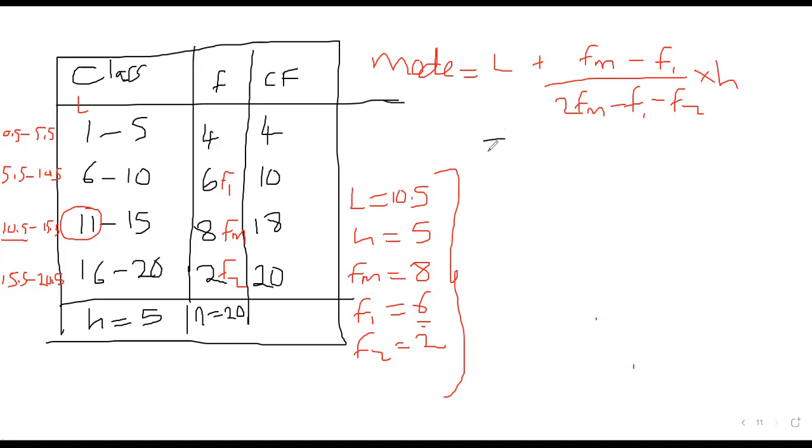Then we now substitute this information here. Our L is 10.5 plus Fm is 8, F1 is 6, over 2 times 8, 6 minus 2, and the height of 5. So we're going to get the same thing.